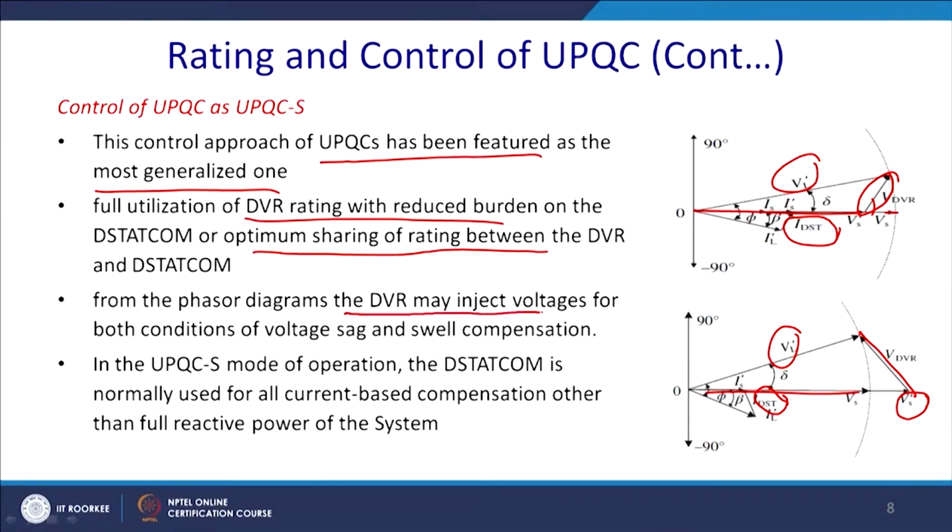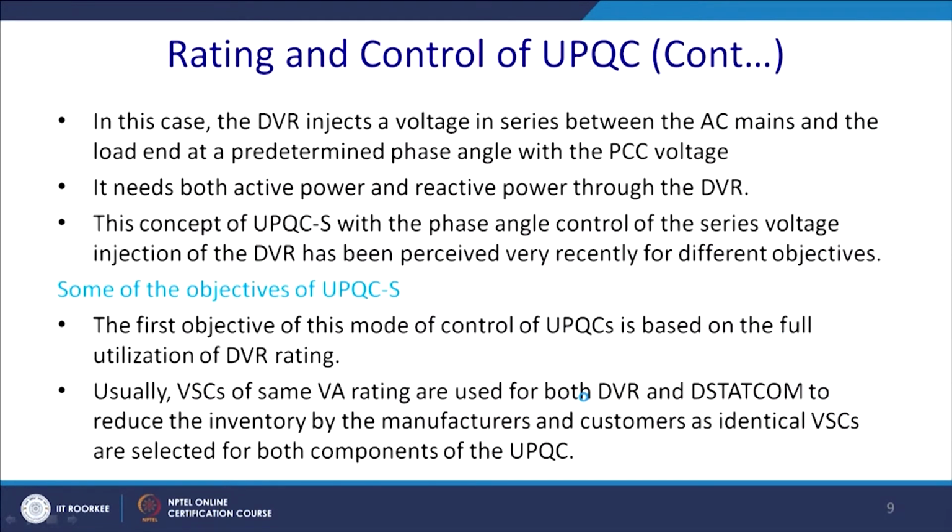From this phasor diagram, the DVR may inject voltage for both conditions of voltage sag as well as voltage swell compensation. So, this one is for voltage sag and this one for voltage swell. The UPQC mode of operation of the DSTATCOM is normally used for current based compensation other than full reactive power of the system. In this case, the DVR injects voltage in series with the AC mains and the load end at a predetermined phase angle with the PCC.